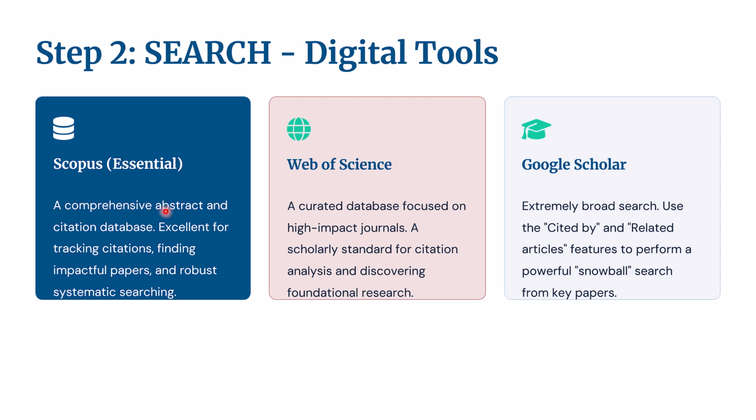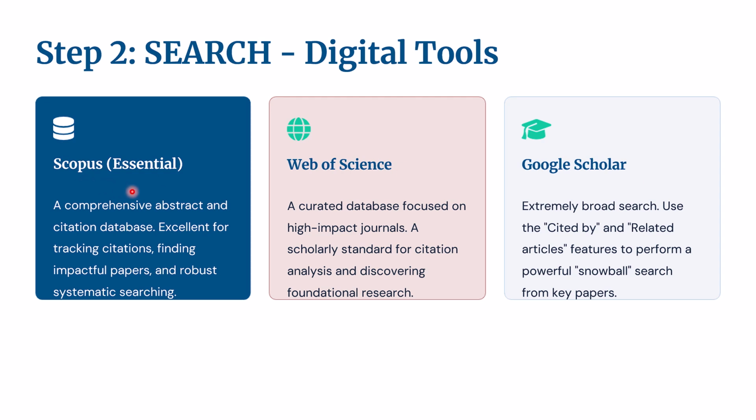Now we have digital tools, we have digital libraries online. Some examples of those libraries: we have Scopus, which is essential. We have Web of Science. We have Google Scholar. We even have PubMed also.